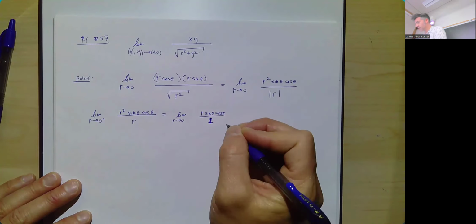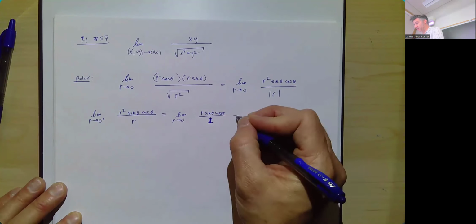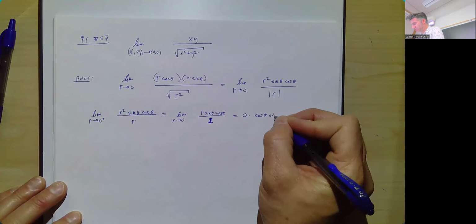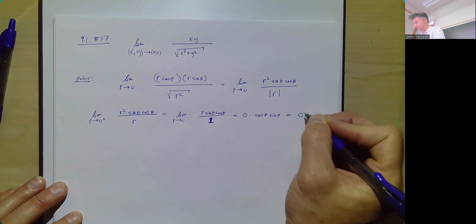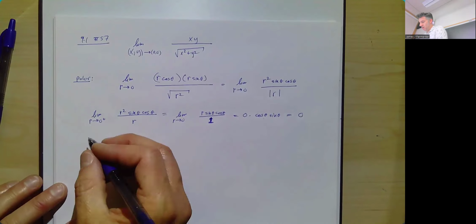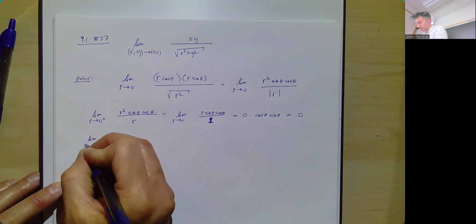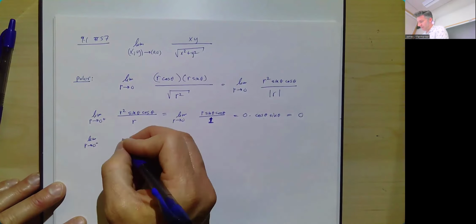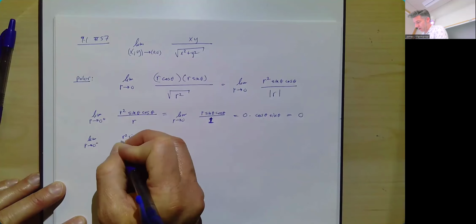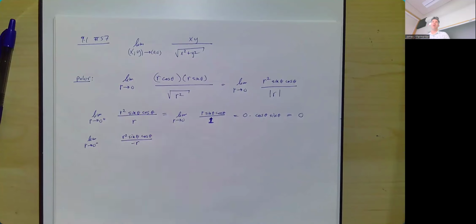Apologies. And then I would just say this is 0 times whatever sine theta cosine theta is. Those are real numbers, and 0 times anything is 0. Then we look at the limit from the other side of zero. If you're approaching zero from the left, now the absolute value of r is equal to negative r, just like the absolute value of -5 is 5.